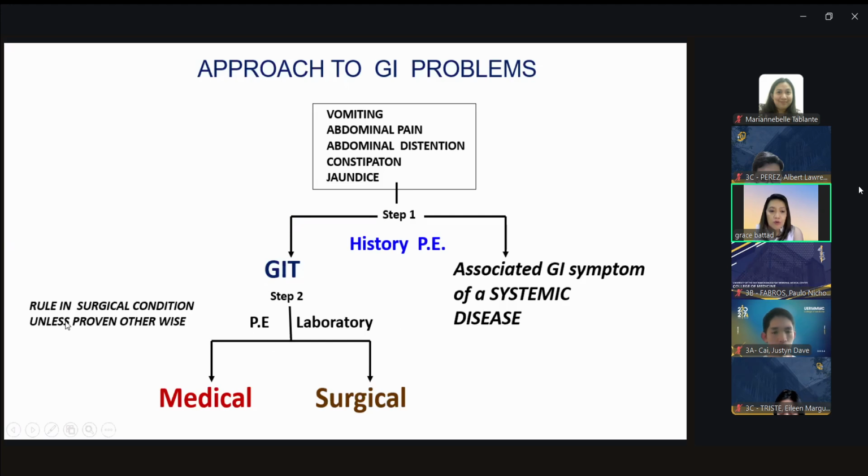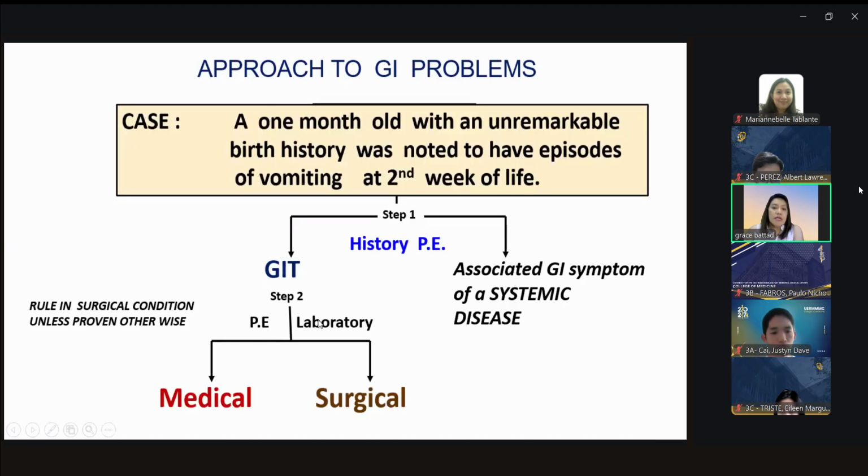In this case, always rule out a surgical condition unless proven otherwise. This will be done by your physical examination again and maybe indicated laboratory parameters. Let us start with a case.